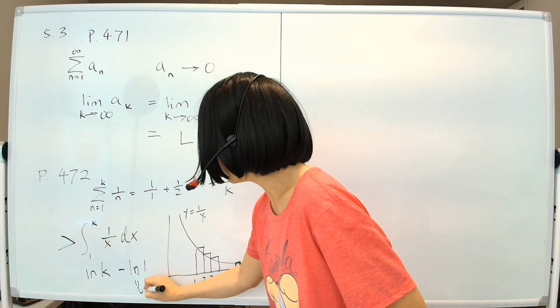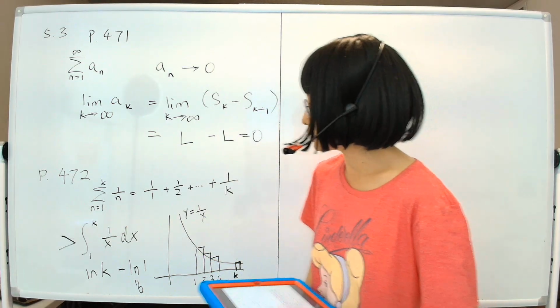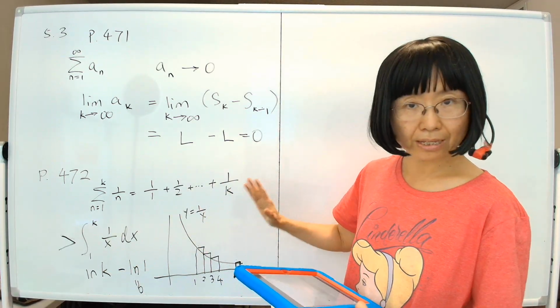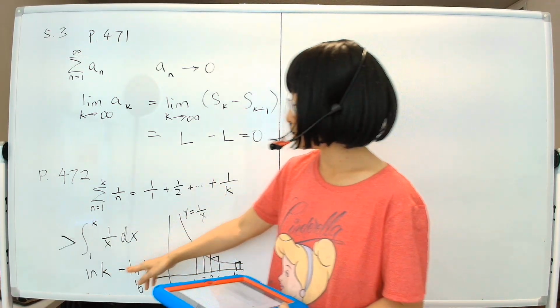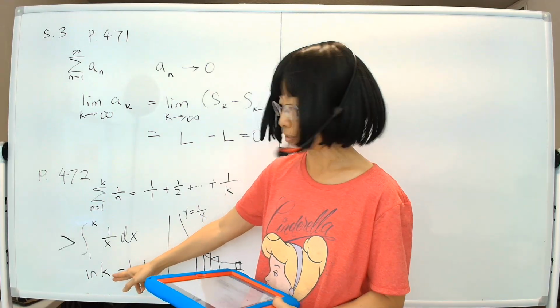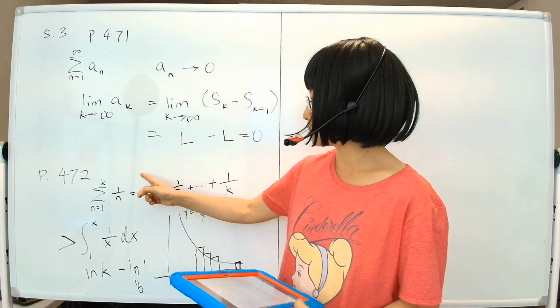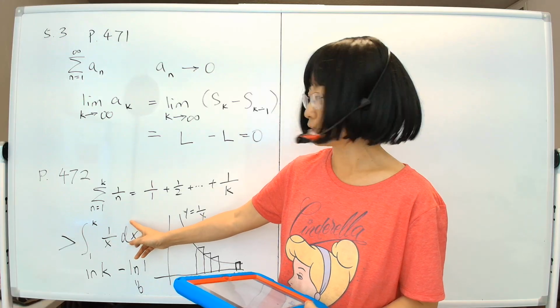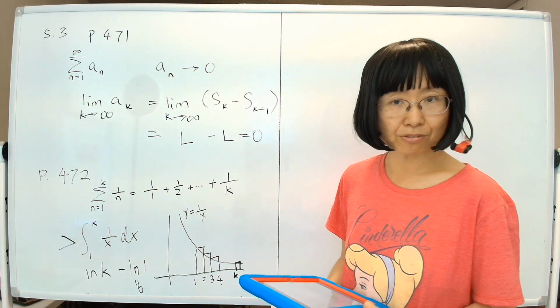Therefore, this integral equals the natural log of k. And as we allow k to go to infinity, the natural log also goes to infinity, which means that this sum is bigger than something that goes to infinity, which means the harmonic series diverges.